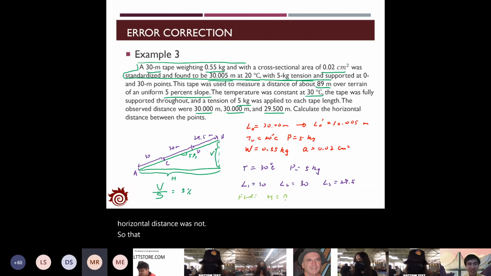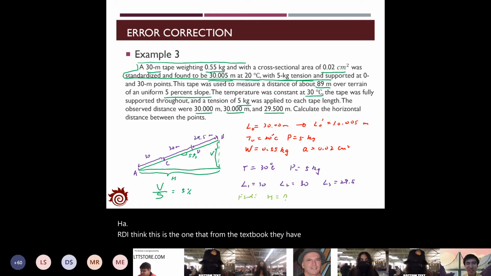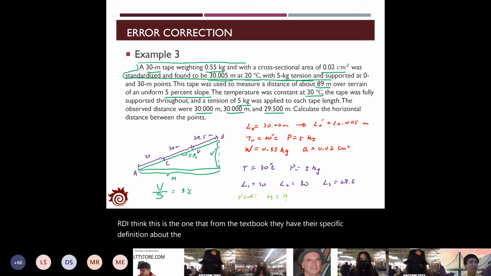Why is that? Why is the other one wrong? I thought the other one seemed kind of right, because the slope is 5% and slope is rise over run, right? So it should be V, vertical, divided by the H. How come it's V over S? I think this is the one from the textbook, they have their specific definition about the slope. I did not recall all the definitions about the slope from the textbook.